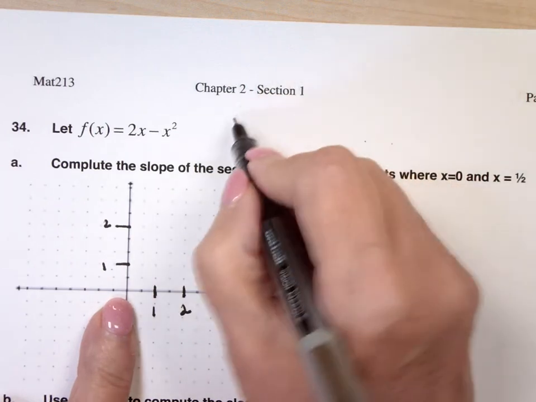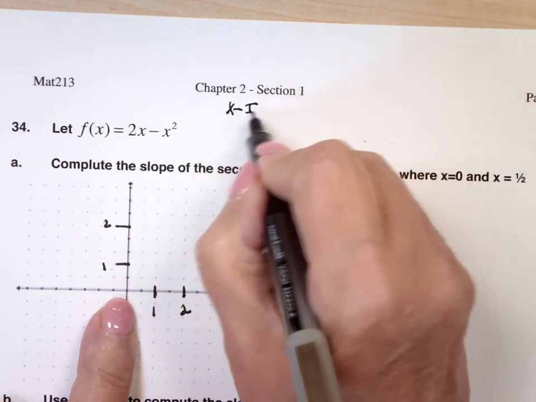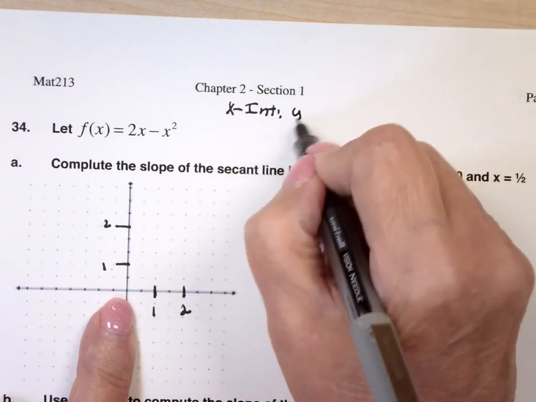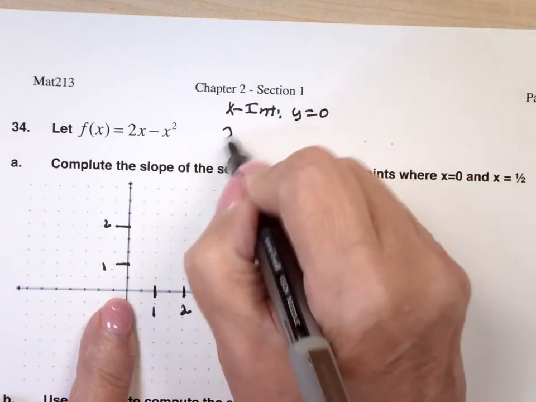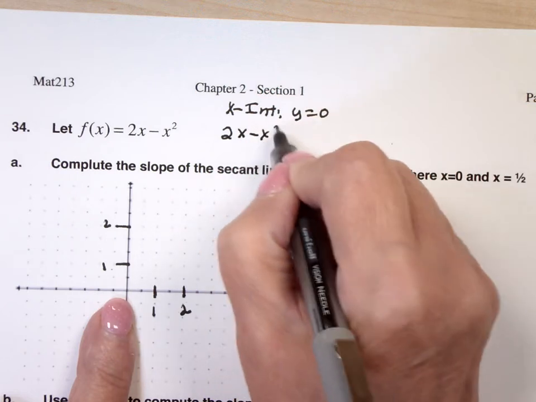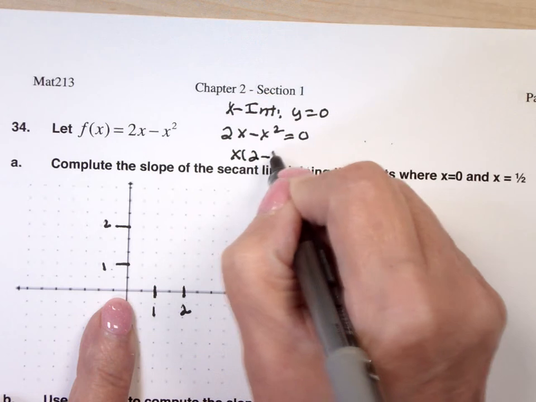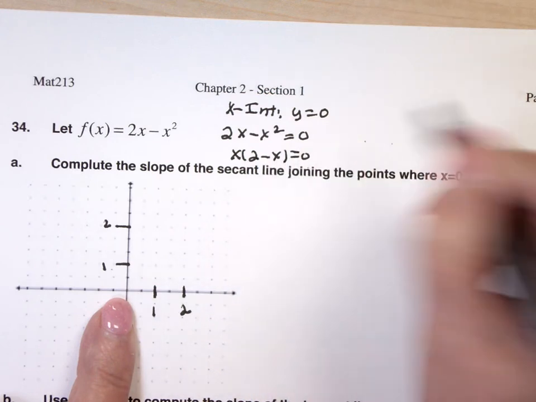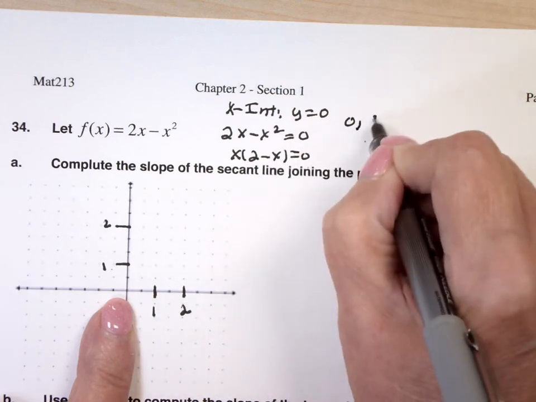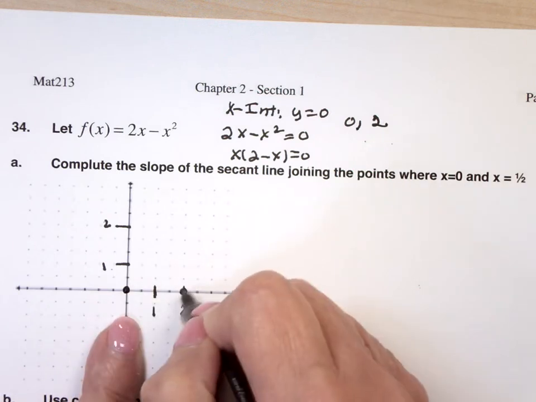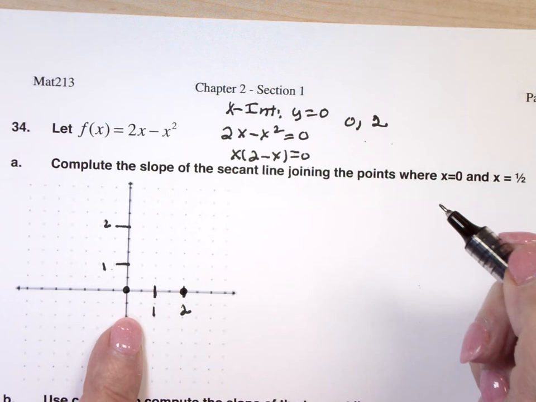If I go after the x-intercepts, that's where y equals 0, or 2x minus x squared equals 0, x times (2 minus x) equals 0. So we have 0 and 2 as my x-intercepts. Now this is a parabola.